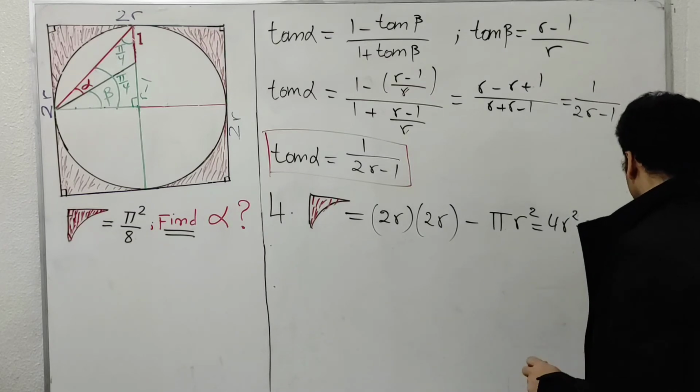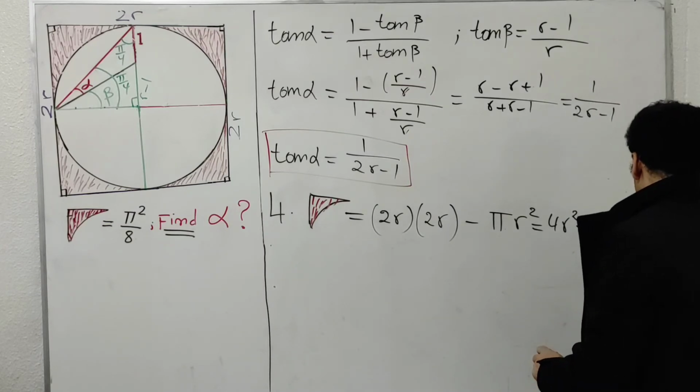I'm going to put r squared as a common factor. I will get 4 minus pi, the whole thing multiplied by r squared.